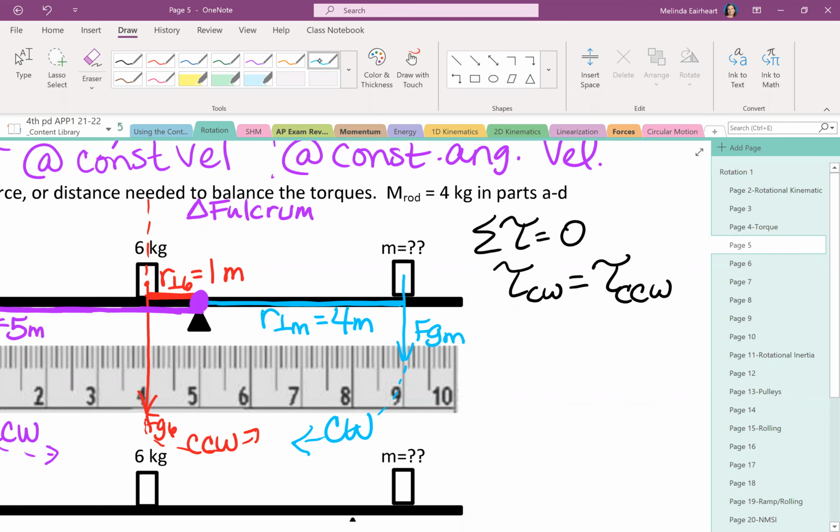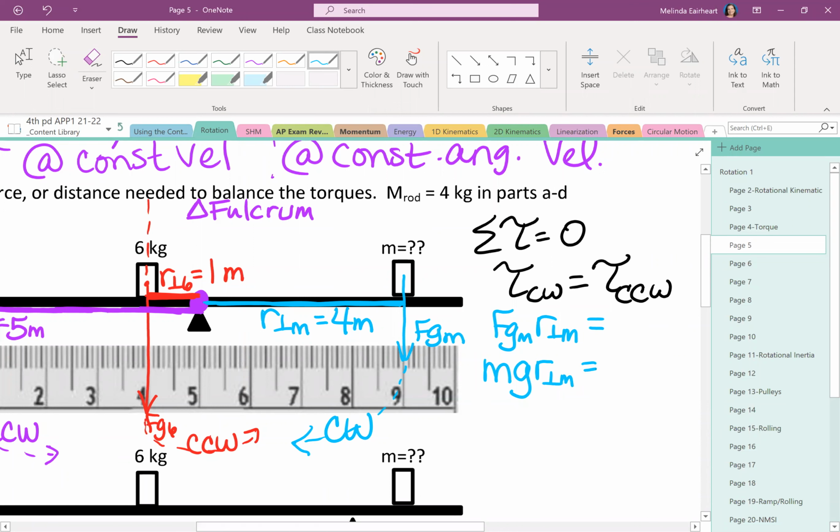The unknown mass. And so I'd have F_G of M times the lever arm of M. I'm not putting numbers in just yet. Bear with me, variables. Well, I can do one more thing with that: F_G equals mg. And so I have an unknown mass times gravity times its r perpendicular, its lever arm.